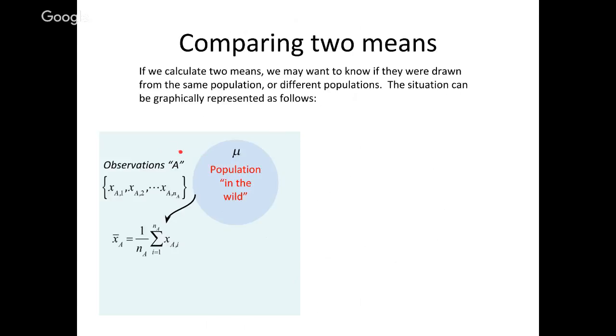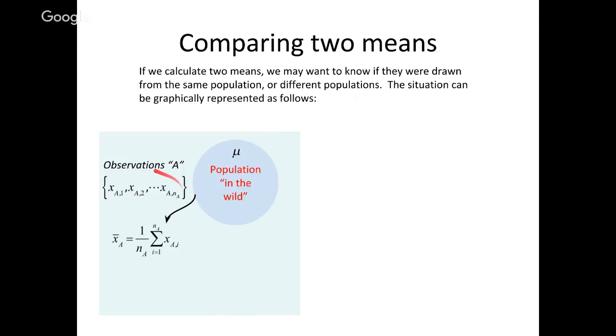We go out and collect a bunch of observations, say observations A, a series of measurements, and maybe we have n sub a of those measurements. Each of these little x values is a realization of the random variable for the population in the wild that we're sampling.